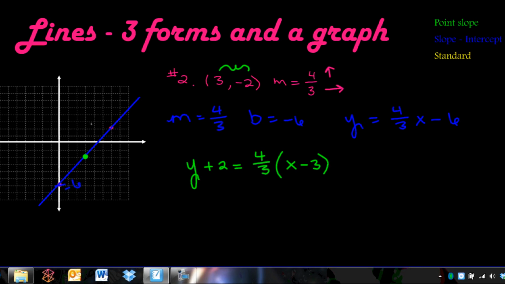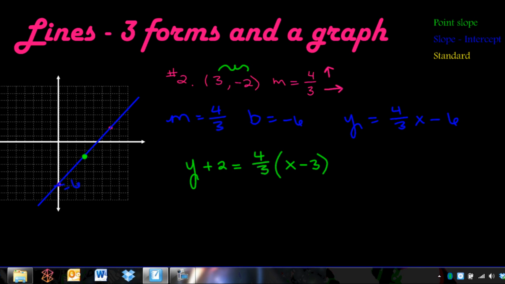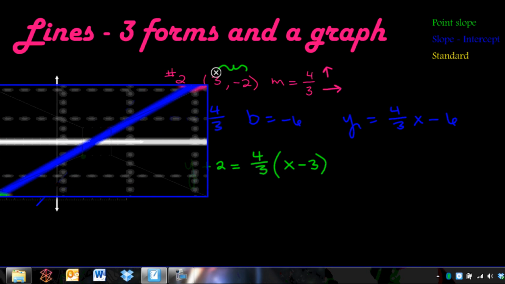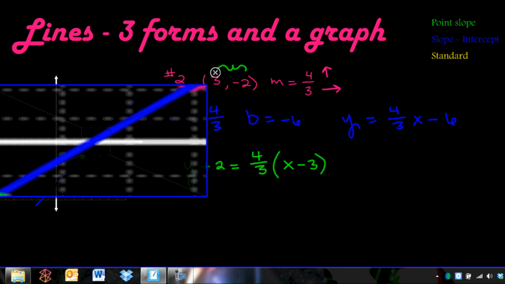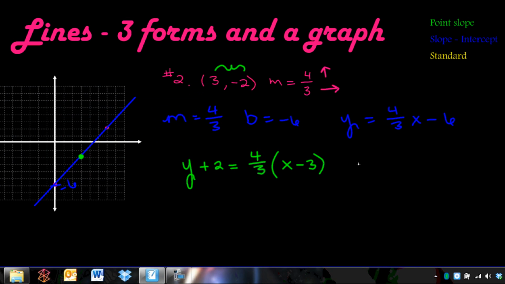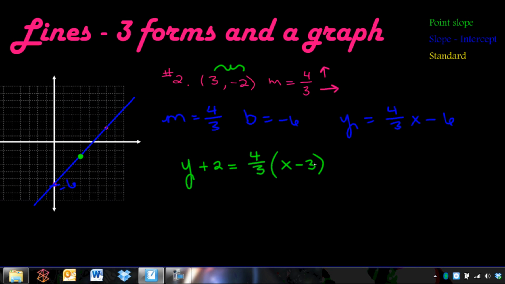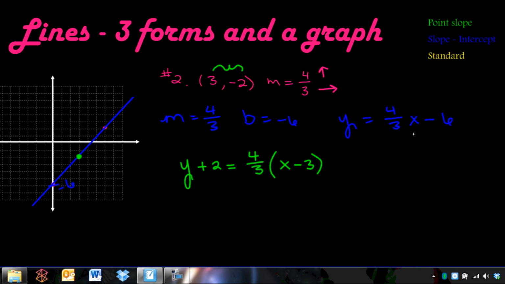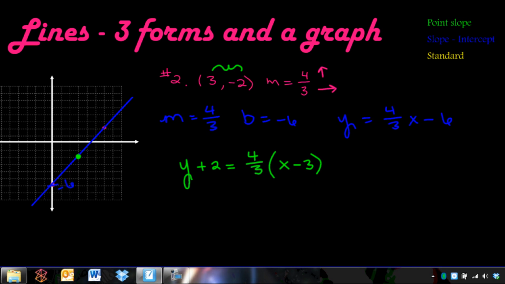Now for standard form. If you look at the graph, once again, we can't really see the x-intercept. It's going to go right between 2 easy grid points. So we're going to need to change one of these equations. Now we usually change point-slope form, but slope-intercept form works just as well.